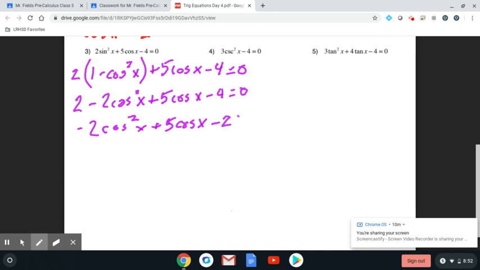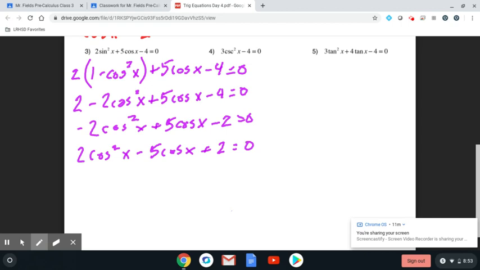That'll give us a negative 2 at the end. And then again, since our lead term is negative, we just want to go through and flip all of our signs. So you end up with 2 cosine squared x minus 5 cosine x plus 2 is equal to 0.